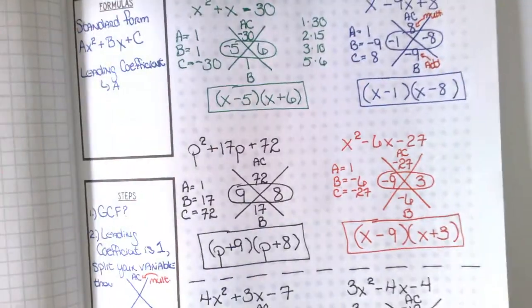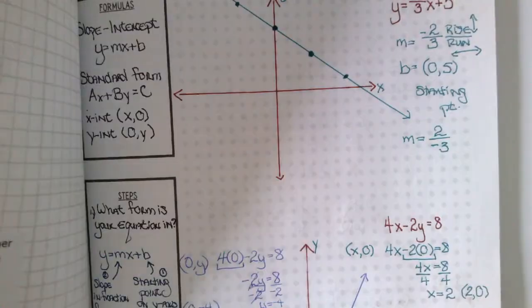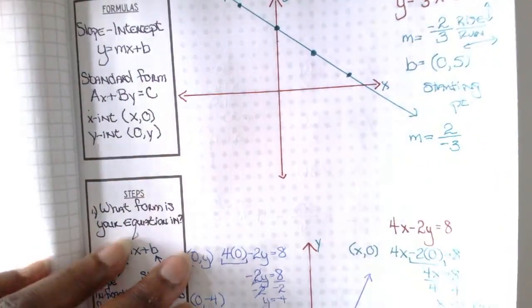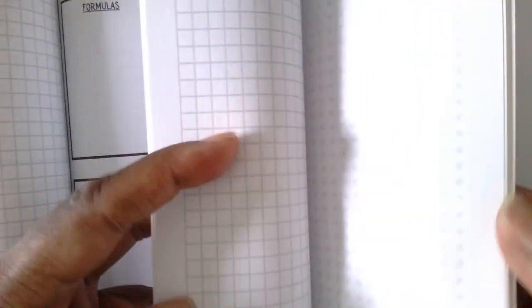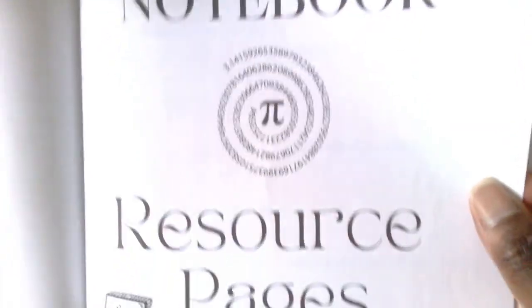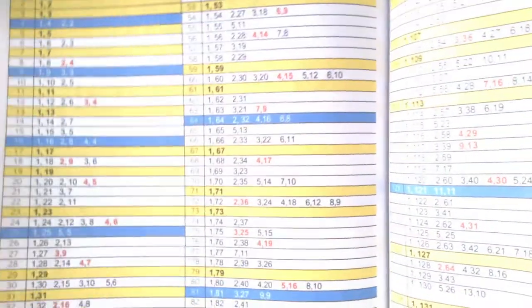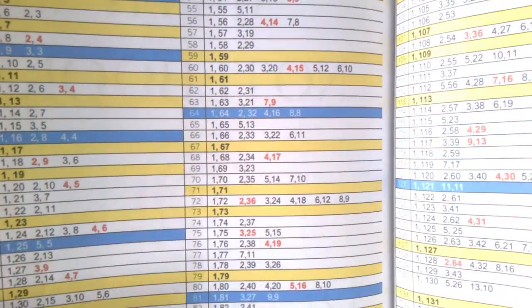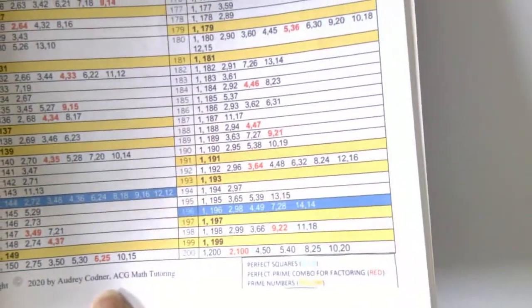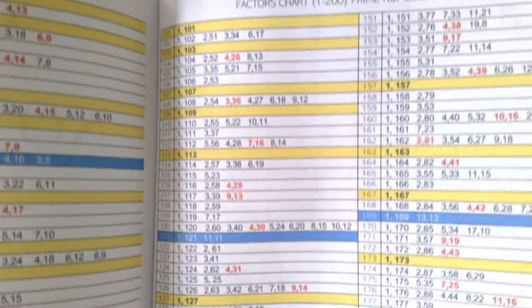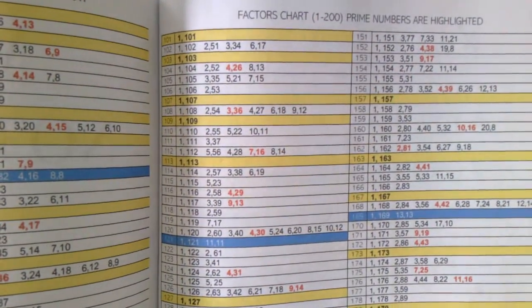At the very back, because this is for my Algebra 2 and pre-calc kids, I give you some reference pages, some of the things they're going to need throughout the year. So we have our factoring pages. Most factor charts go up to 100. Mine goes up to 200 because you're dealing with higher numbers when you're doing advanced math.